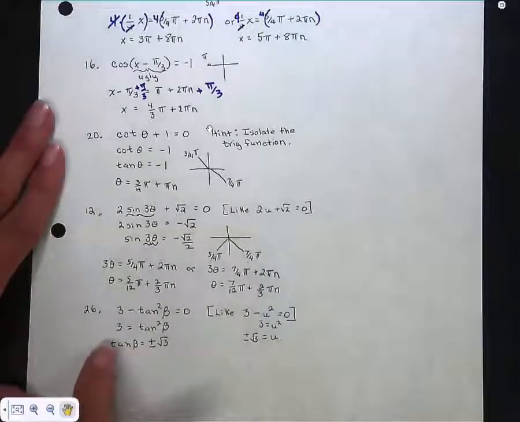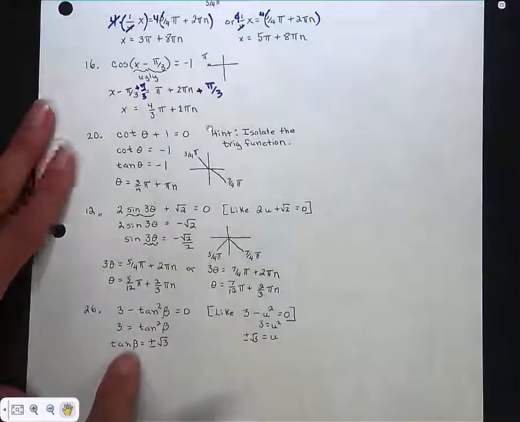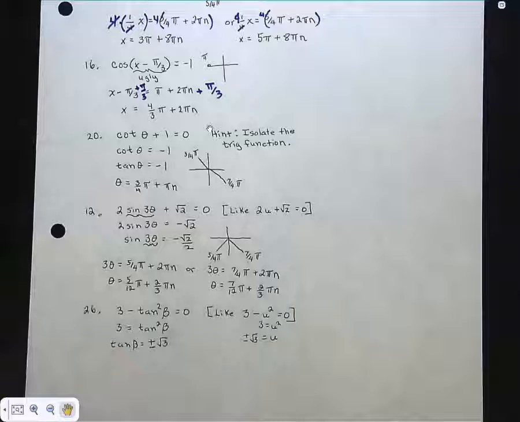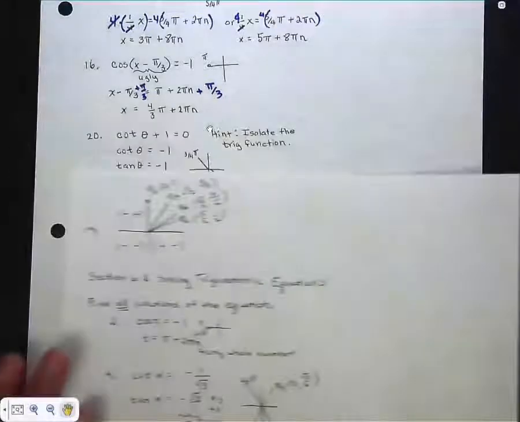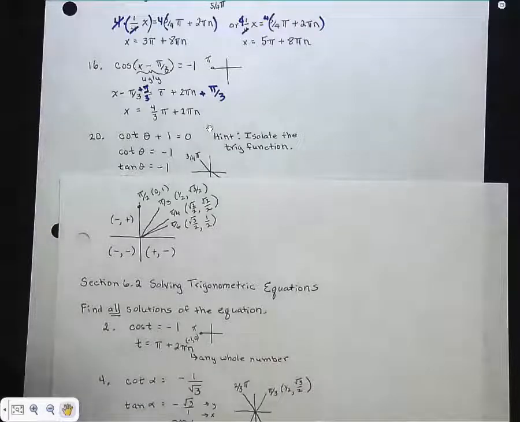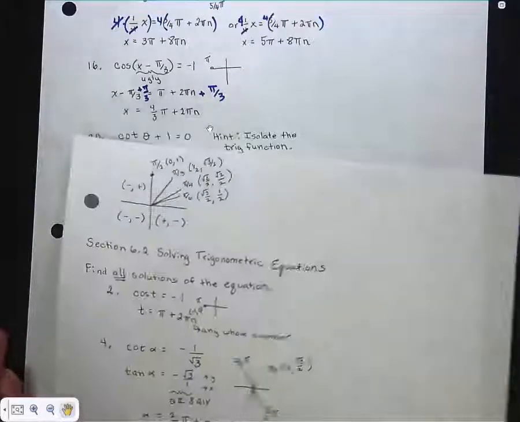I know tangent's the y divided by the x, so I just need to think where on the unit circle would the y divided by the x give me square root of 3. Where in the first quadrant would the y divided by the x give me square root of 3?